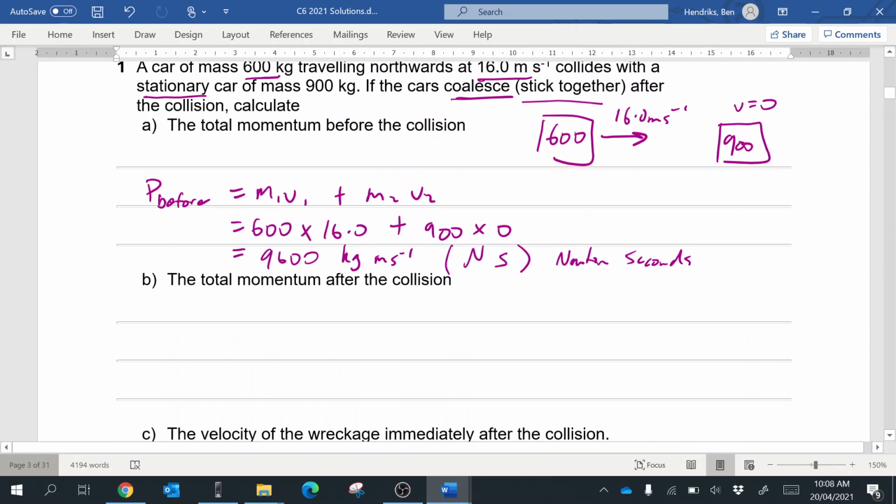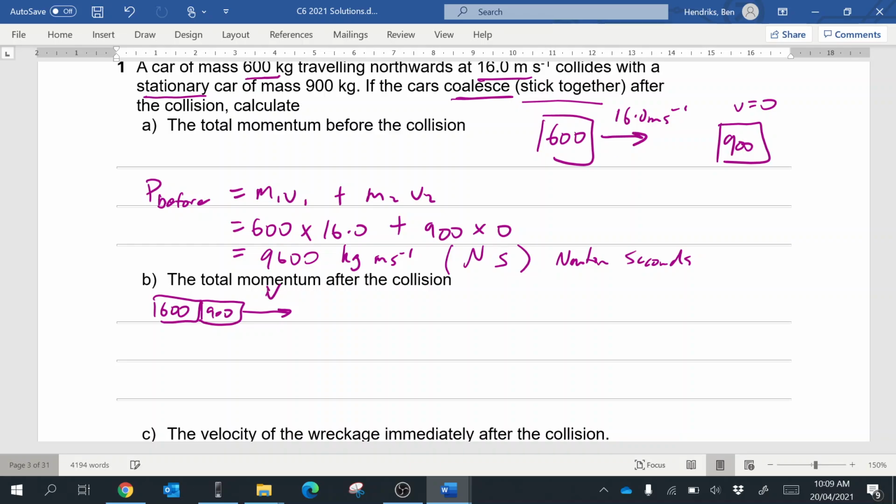In the second part, the cars stuck together, so we had our 600 moving along, and then it hits the 900, and then they move along at the same speed, v.